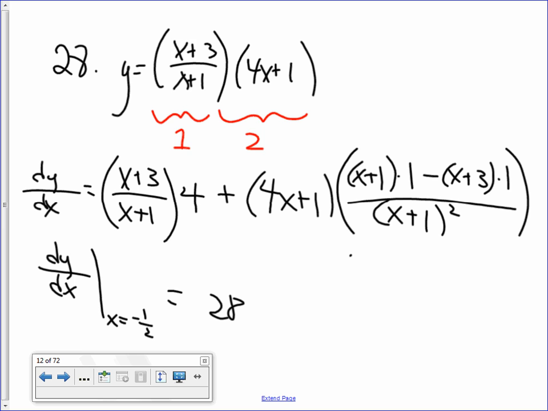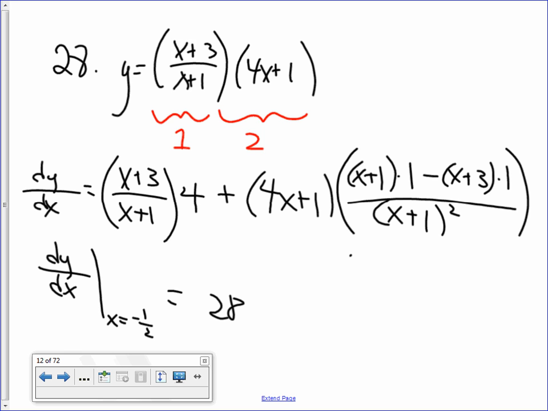Really, if I had to describe the whole expression, it's a product. So you have to use product rule where you have first and the second. It's just that the first is a quotient. So when you go through your whole product rule, first times derivative of the second plus second, that's where the fun begins. When you take derivative of the first, that's when you have to use the quotient rule.